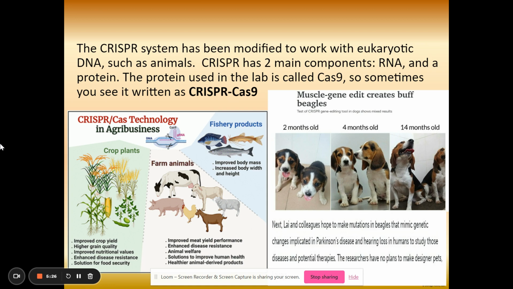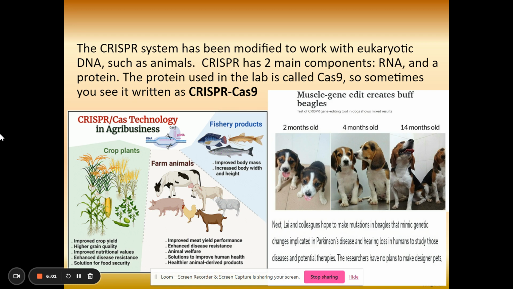So a couple of pictures that I found here: CRISPR and this Cas9, which is the protein used in a laboratory with this particular enzyme. A lot of uses in agriculture. So, in crops, improving the nutritional value of crops, enhancing disease resistance, farm animals or fish products, improving the meat yield, so making more muscle mass, less fat.